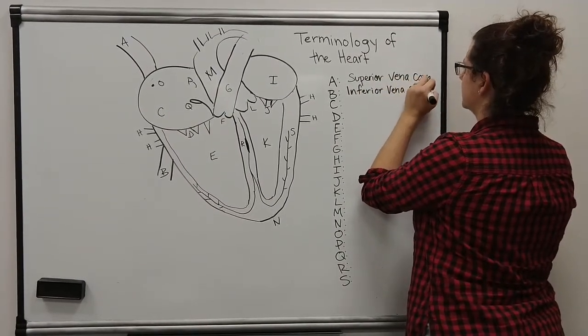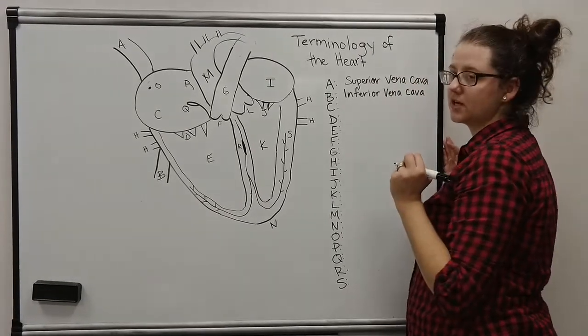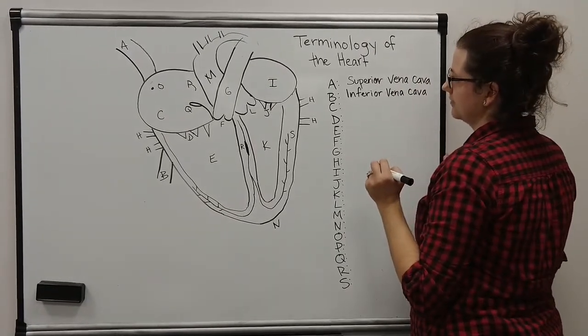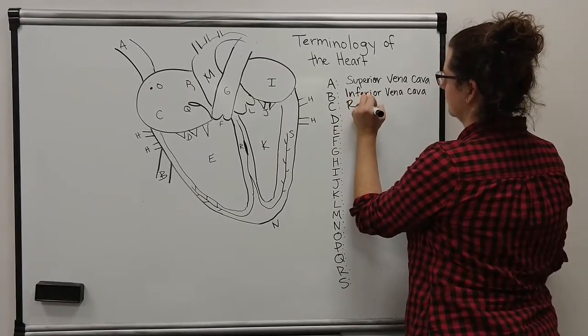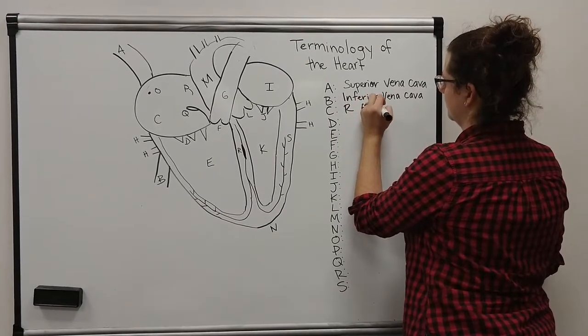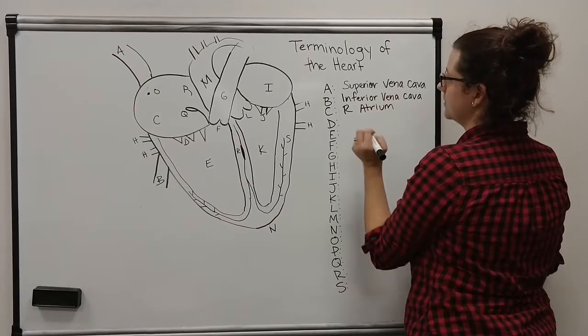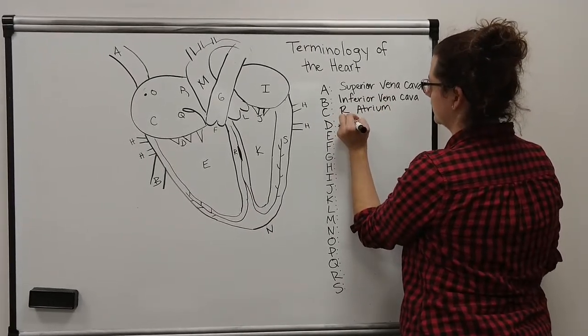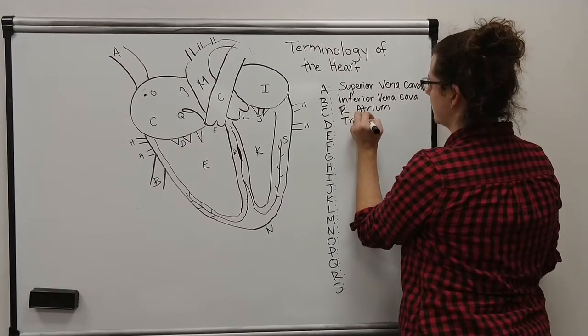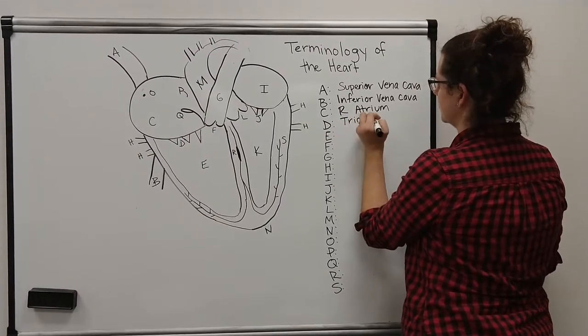These are the vessels in which deoxygenated blood returns to the heart. C is the right atrium. D is the tricuspid valve, which is one of the AV valves connecting the atria to the ventricle.